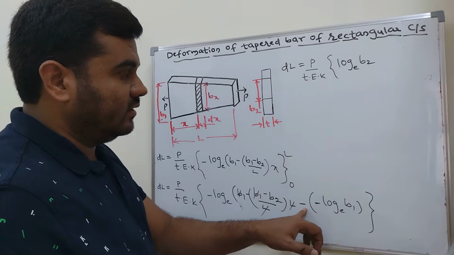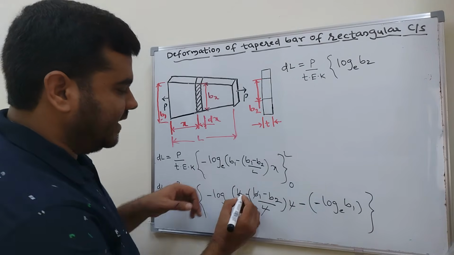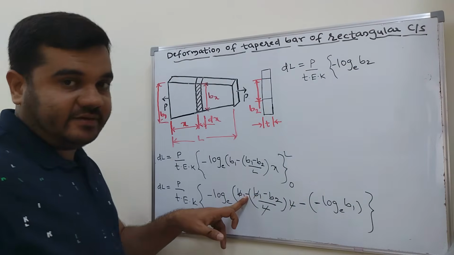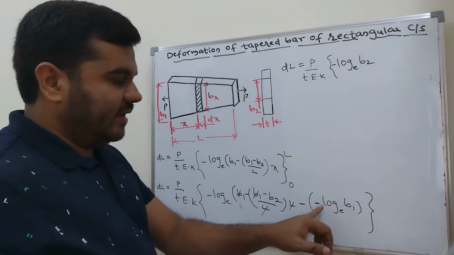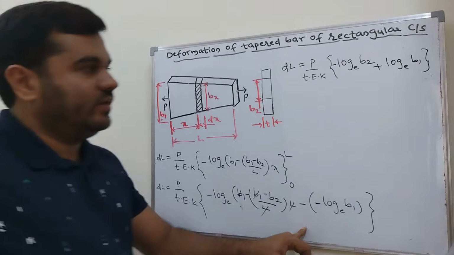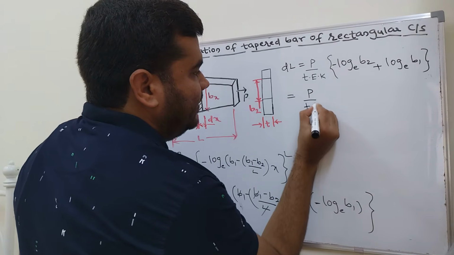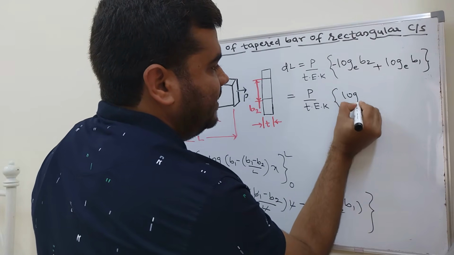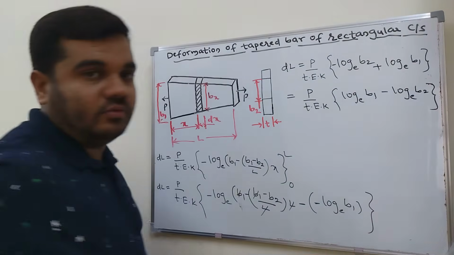Now come to this. Minus into minus is plus, so this is as usual b2 with a plus, and the other term becomes minus, log to the base e of b1. Now I will write this as P divided by t into E into k, shifting the terms: log to the base e of b1 minus log to the base e of b2.